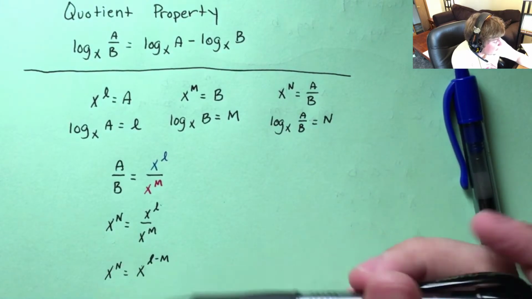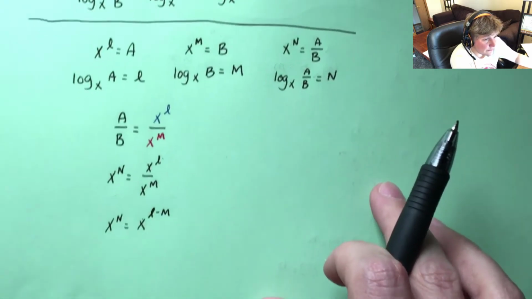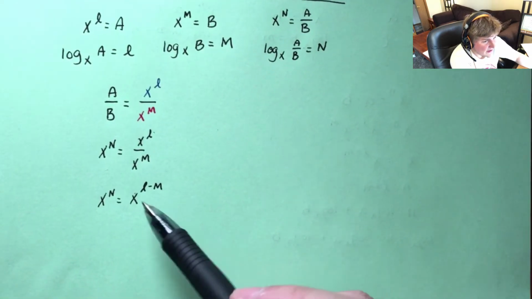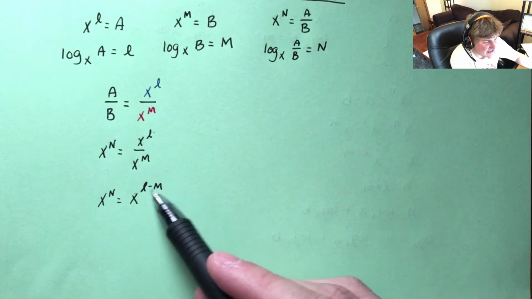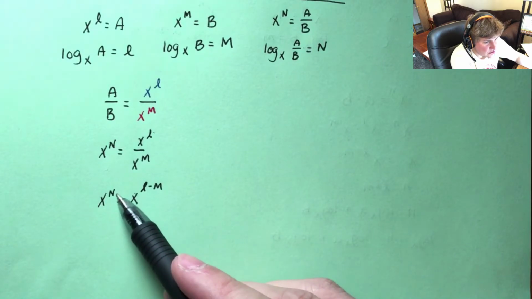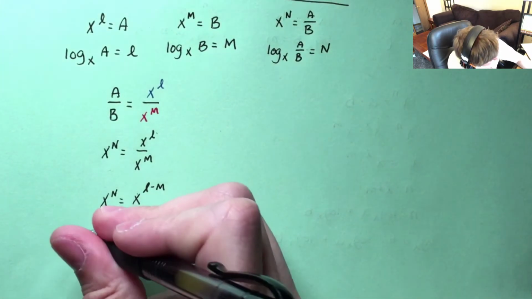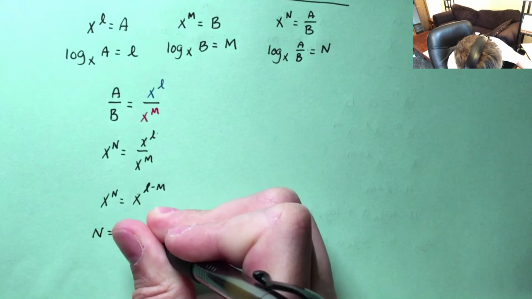And again, as you saw in the product property proof, if these bases are the same and they're equal to each other, these exponents are going to have to be the same. So I now know that n is the same as L minus m.